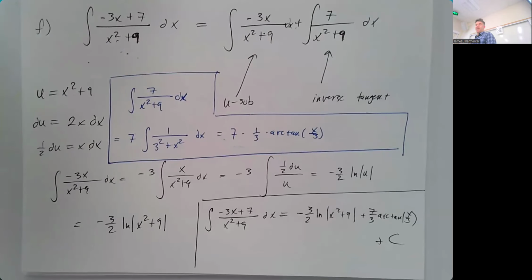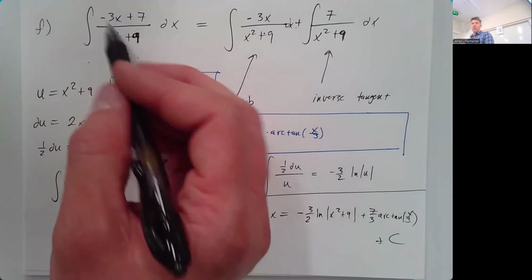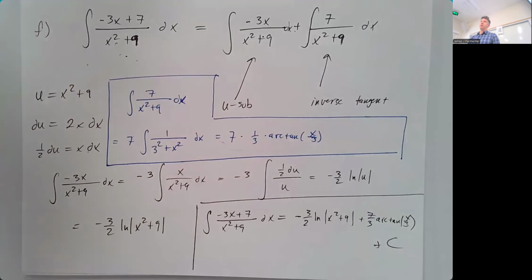And yes, that is always the way we deal with a linear function over x squared plus a constant. You always have to break it up into these two pieces. The piece with the x on top will always be a u sub. The piece with the constant on top will always use this arctangent formula.